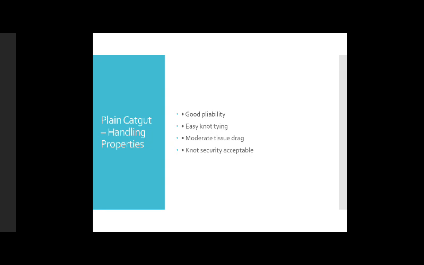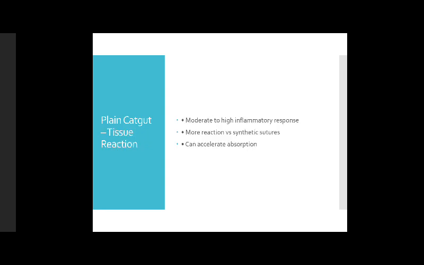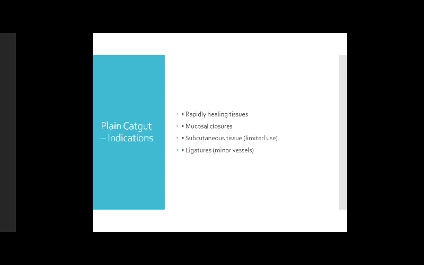It has good pliability, easy knot tying, moderate tissue drag, and knot security is acceptable. Now, plain catgut tissue reaction. Moderate to high inflammatory response, more reaction versus synthetic sutures, and it can accelerate absorption.